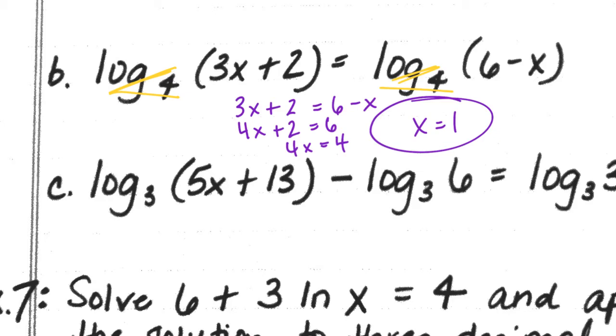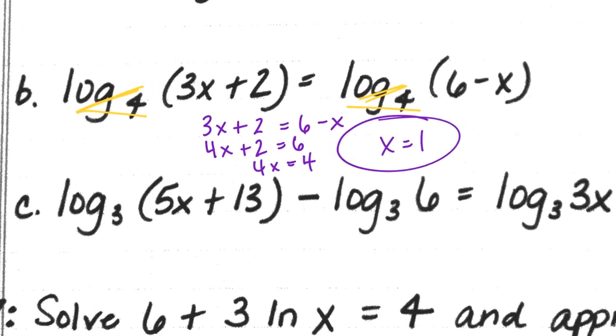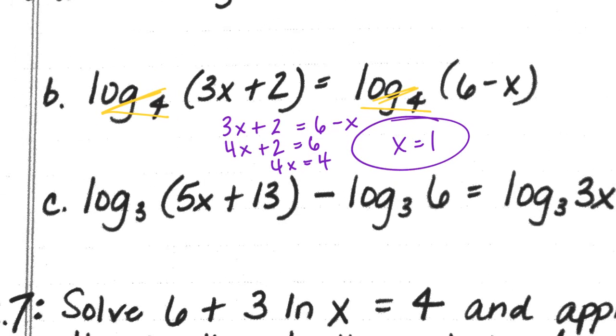Now, the next one is definitely a little bit tougher. C says log base 3 of 5x plus 13 minus log base 3 of 6 is equal to log base 3 of x. Well, this one's a little bit more difficult.